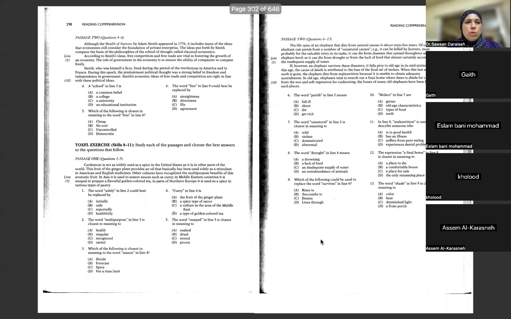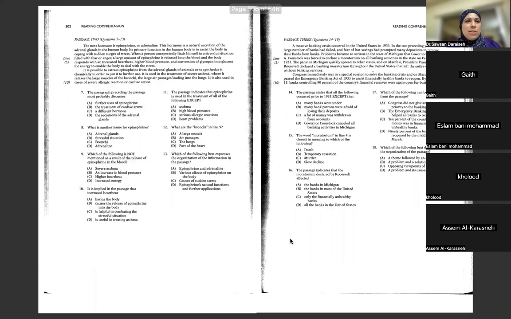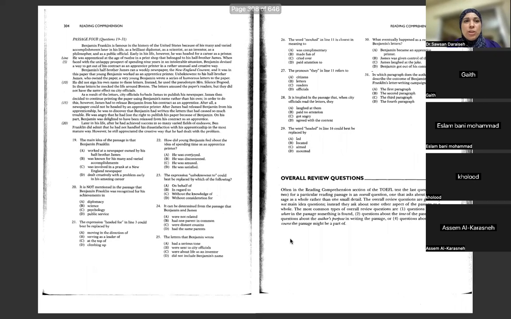Yeah. And here the lifespan of an elephant, learn about elephants and how long they live. So, you have really nice passages here. And then you have one about the American flag, red, white, and blue. And then, oh, wow, Bigfoot. Have you ever watched the movie Bigfoot? If I were you, I would try to enjoy the passages, all right? And I honestly love Benjamin Franklin.